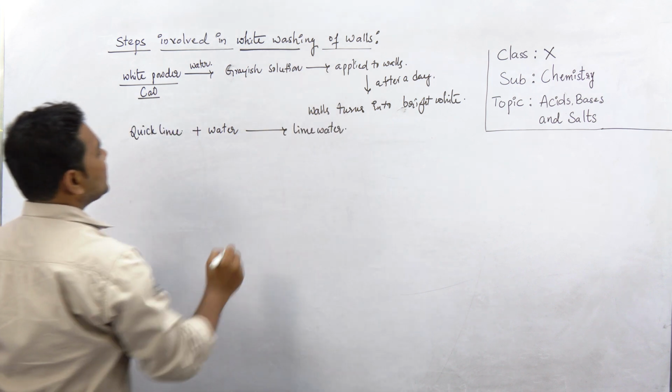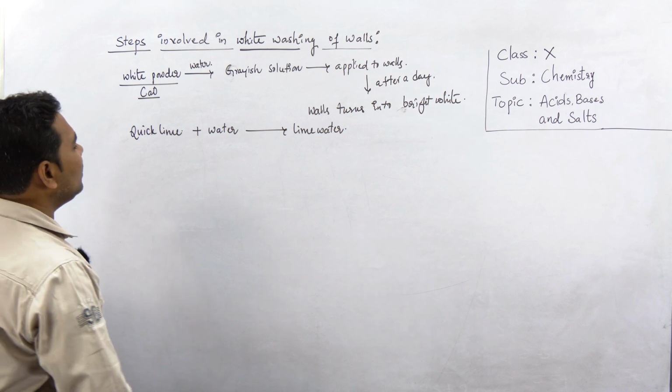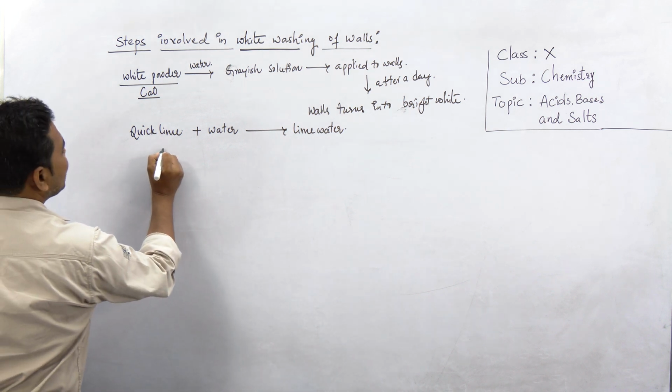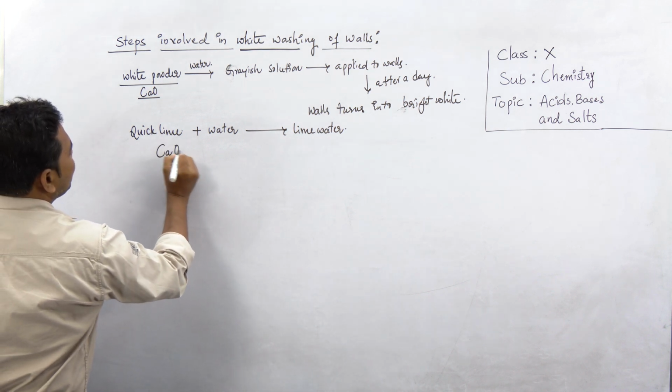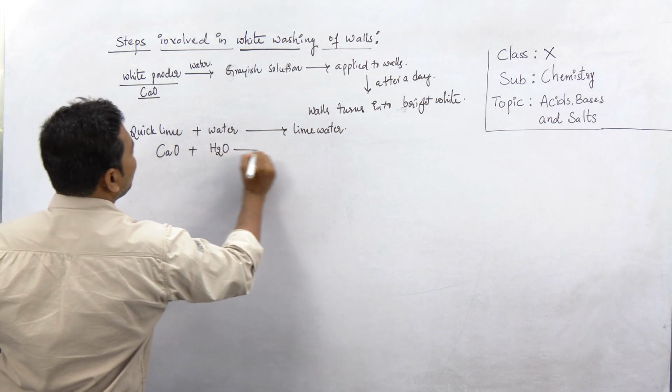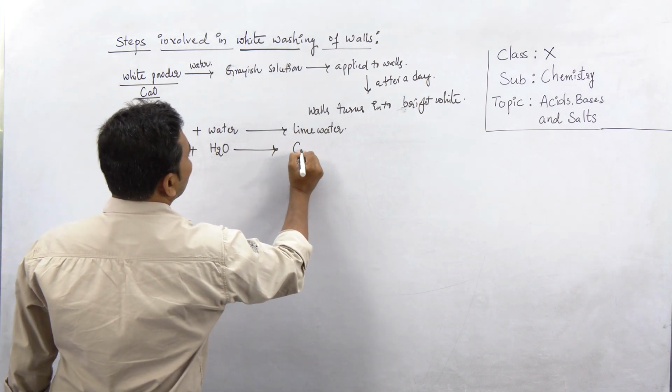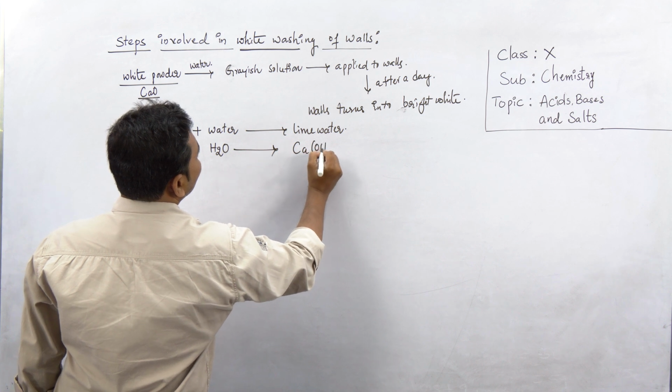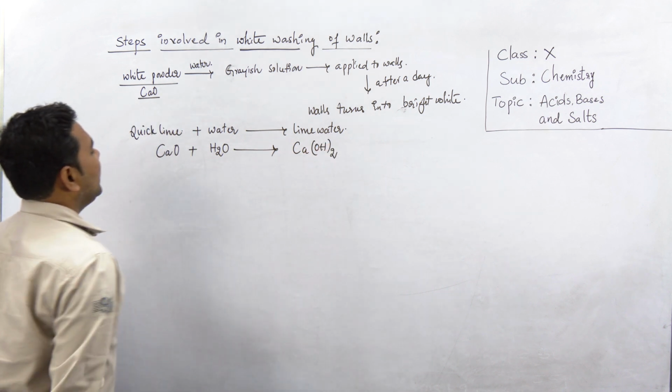Let's represent this in terms of a chemical equation. Quicklime is represented by calcium oxide, CaO. Water is represented by H2O, which gives rise to lime water, represented by calcium hydroxide, Ca(OH)2.